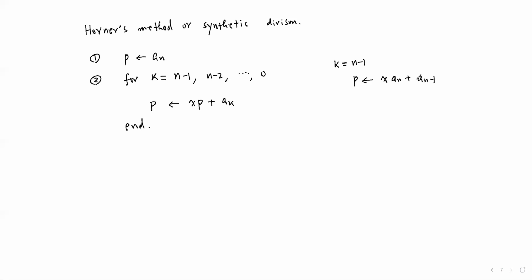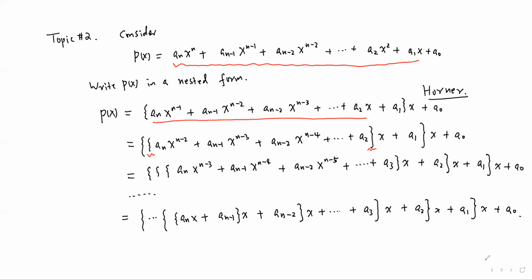After that, go back to here. This is the polynomial in the nested form. So after K is n-1, actually we have computed this number. This is P.